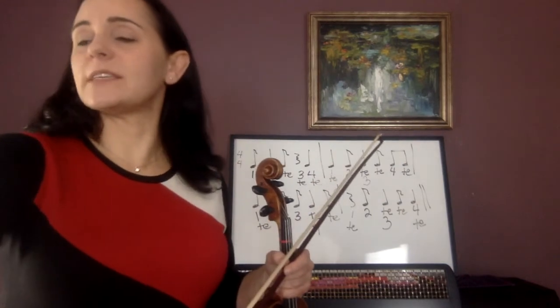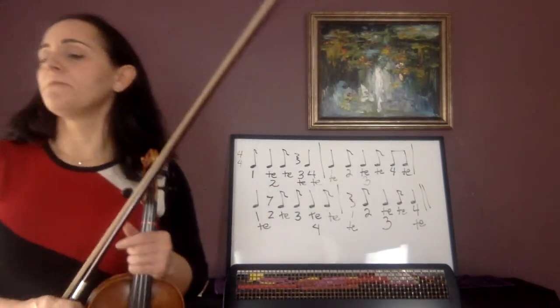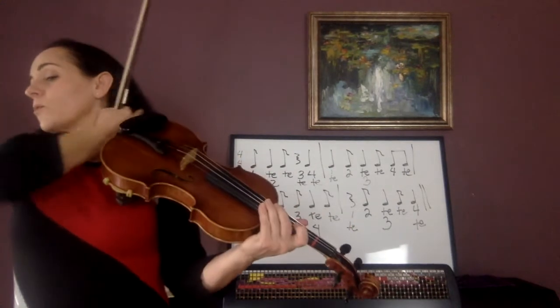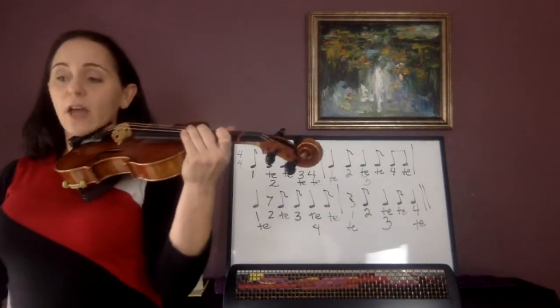All right, so here we are at speed of 66 for 91. Shadow bow. And 1, te, shadow bow, 91.